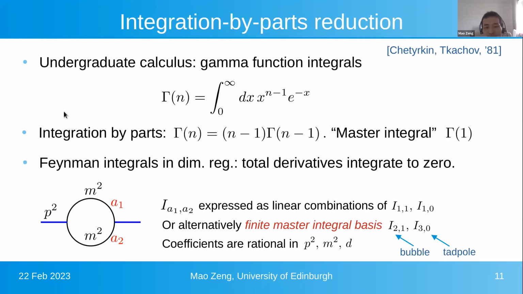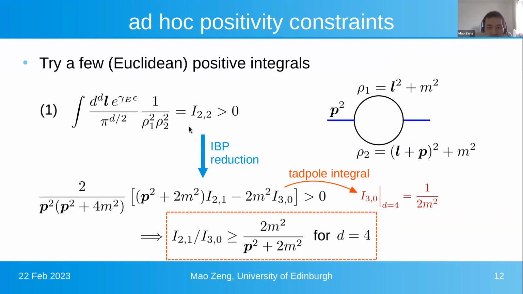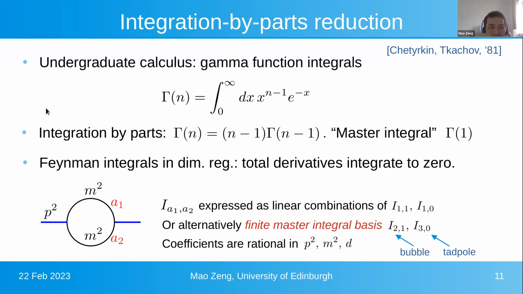If you set a1 and a2 both equal to 1, that's your normal bubble integral, which you write down from Feynman diagrams. If you set one of the indices to 0, so the second propagator is raised to the 0th power, which is just 1, it just means you are throwing away the second propagator. You get an integral with just one propagator. That's simply the tadpole integral. It's just the integral you obtain by shrinking the second propagator to a point.